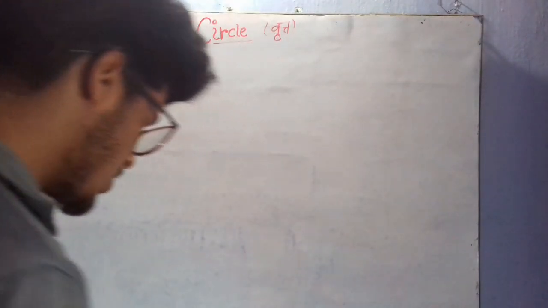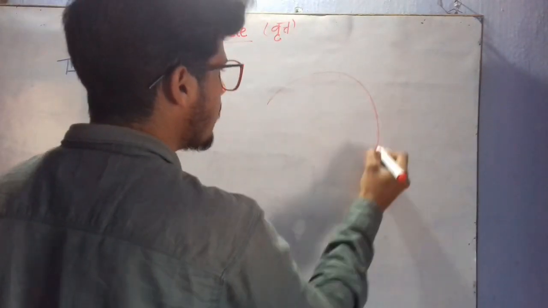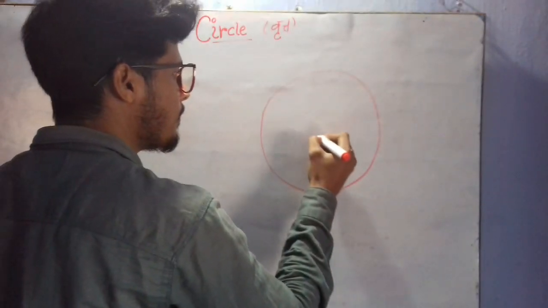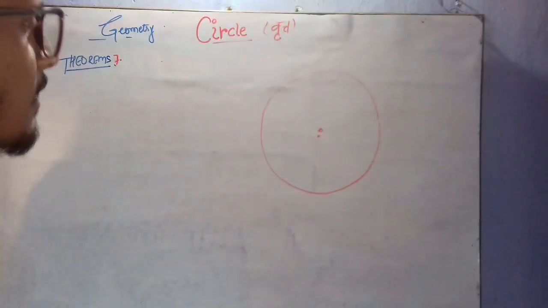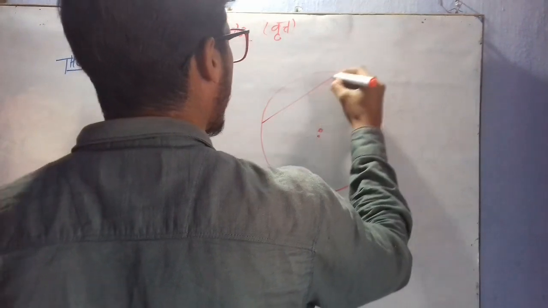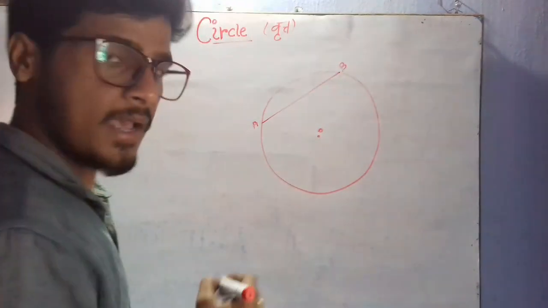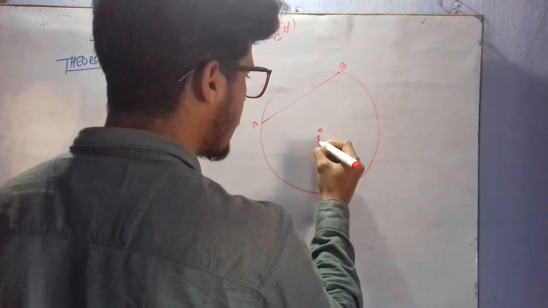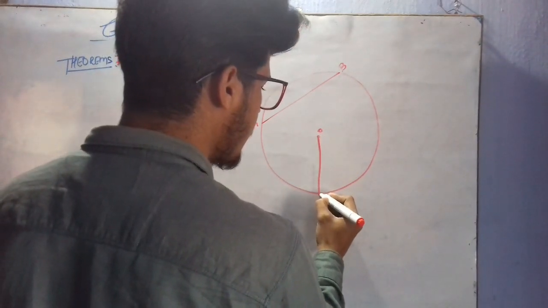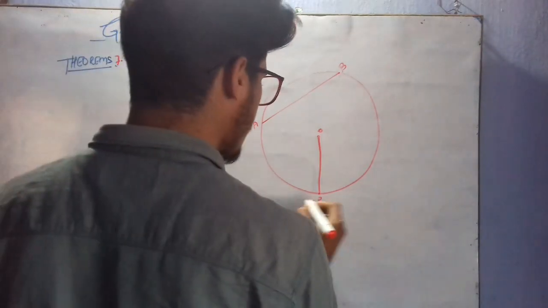Friends, let's discuss our next point. If a circle is drawn over here, let's say the center is O, and if we draw a chord AB and a tangent, we know that a tangent is a line that passes from the very last point of the radius.